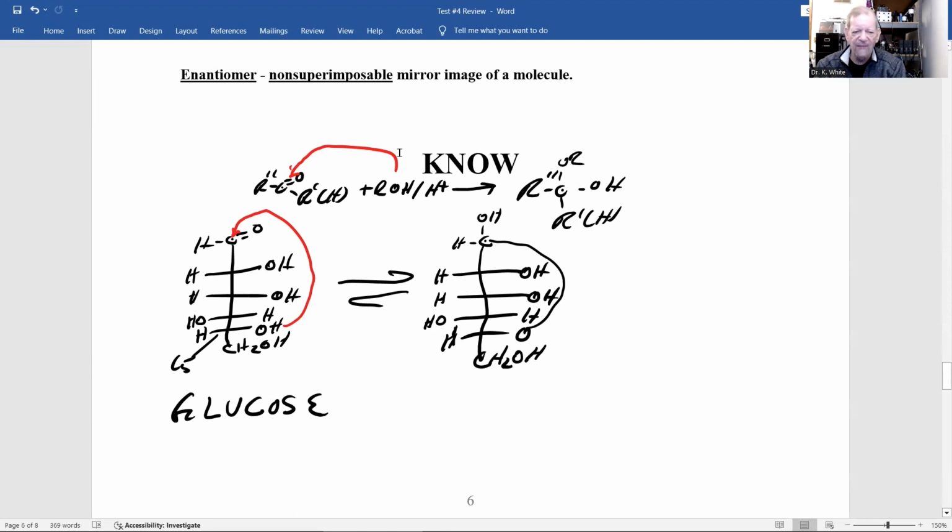This alcohol attacks the carbonyl carbon and opens it up to this hemiacetal. Now, when the functional groups are in the same molecule, you don't need a catalyst, but they're reversible. And that's why I have this equilibrium right here.